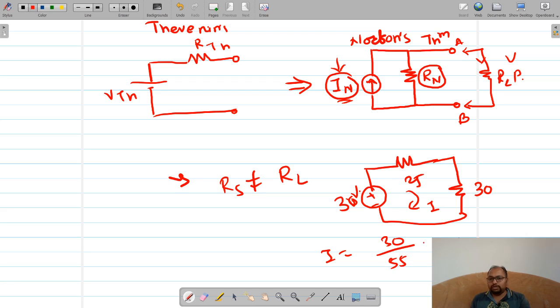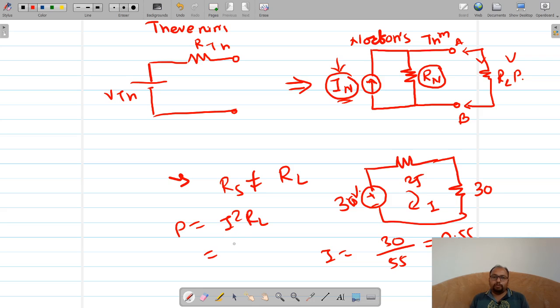55. So definitely the value of current is going to reduce, right? So 30 by 55, let me compute it. It is coming as 0.54, or 0.55. Now if I compute the power, P is equal to I square RL, right?